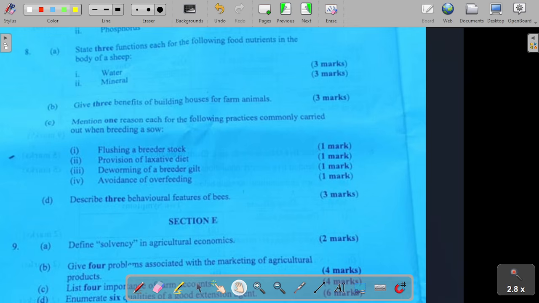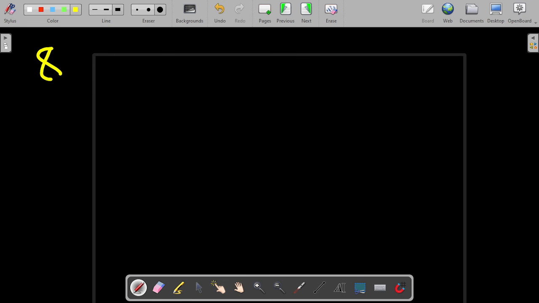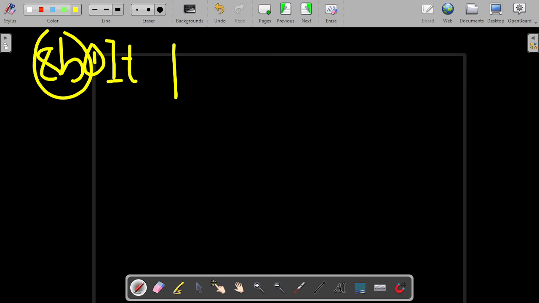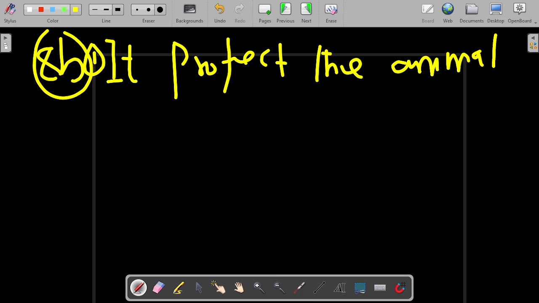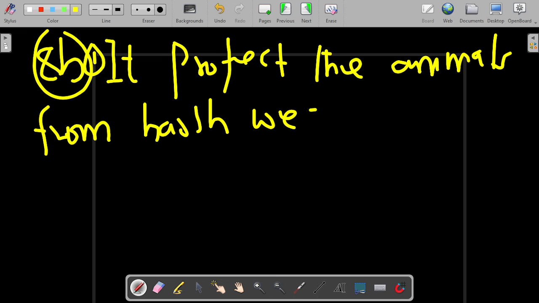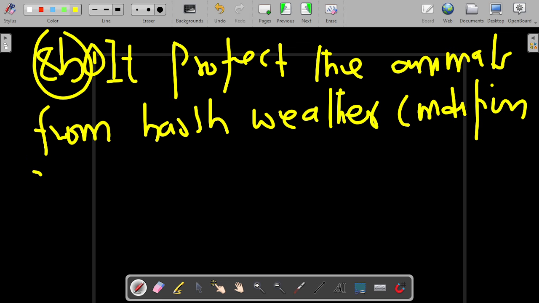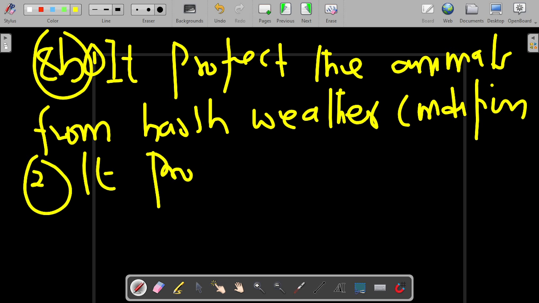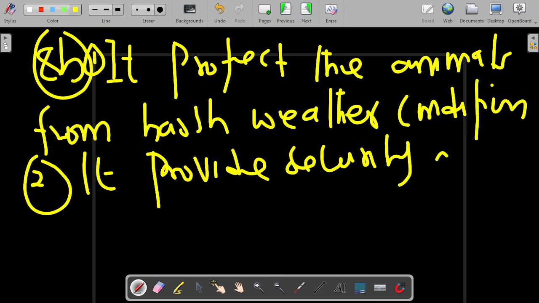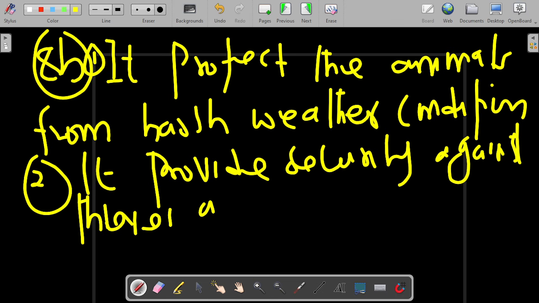Why do you build houses for farm animals? 1, it protects the animals from harsh weather conditions. 2, it provides security against thieves and predators.